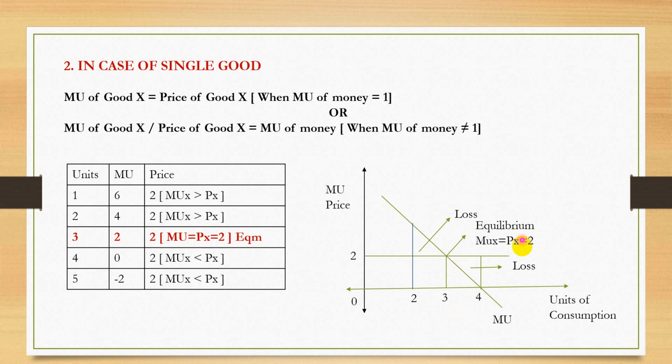So therefore we can understand that a rational consumer will be in equilibrium at that level of consumption of a commodity when MUx is equal to Px. So this is the equilibrium level and his satisfaction is maximized.